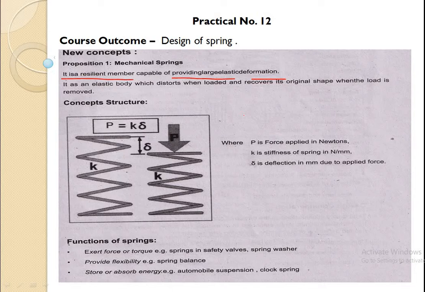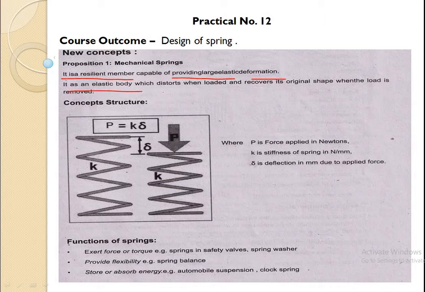Means when we apply a load on spring, that spring undergoes a deformation through some length, and after removal of that load, again that spring comes to its original position. That's why we are saying that it is an elastic deformation. So it is a resilient member which is capable of an elastic deformation.